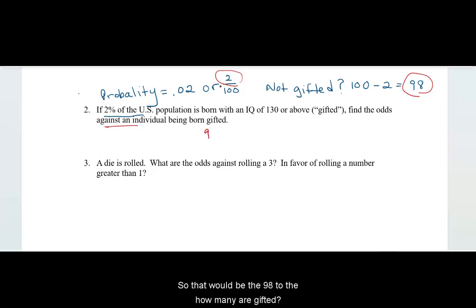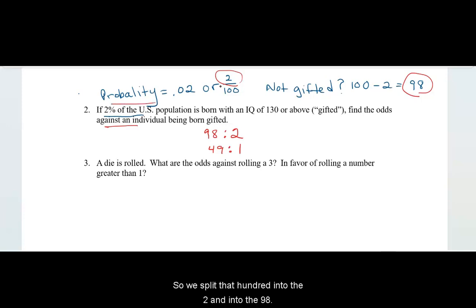So that would be the 98 to how many are gifted. So 98 to 2. And those are both even. They can both be divided by 2. So that would give me 49 to 1. The odds against an individual being born gifted is 49 to 1. So you're not always going to be given the 2 numbers you need, but if you know the probability, we just split that.